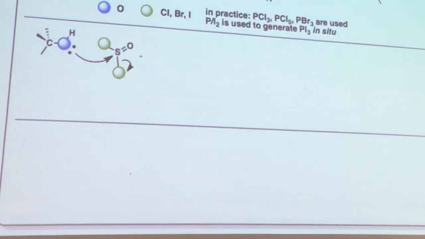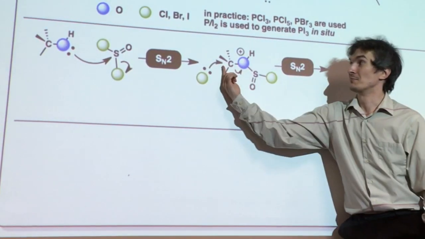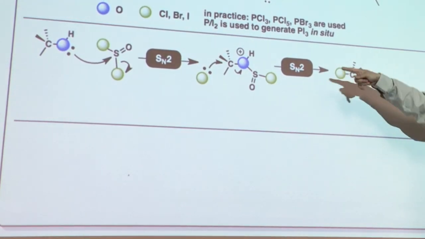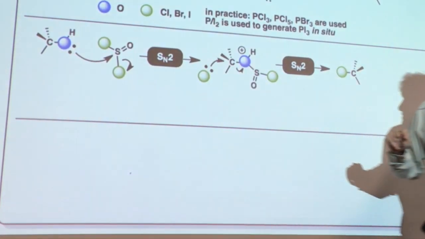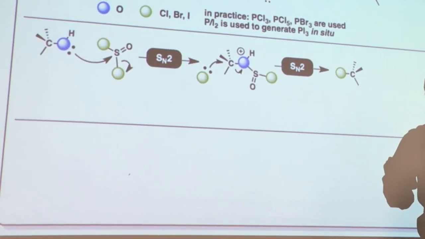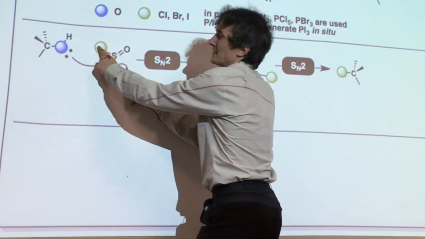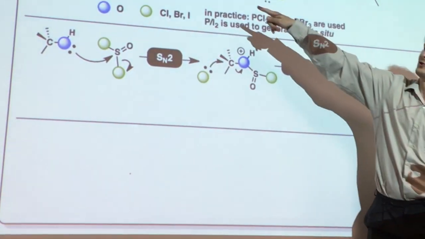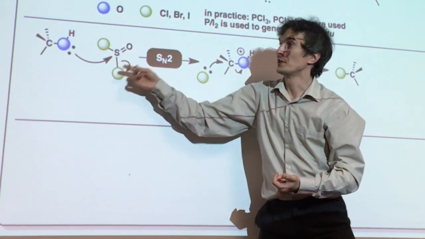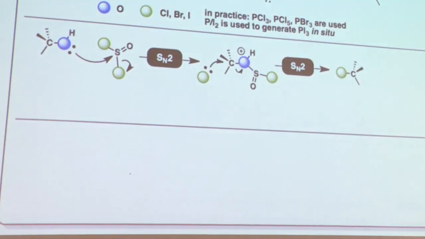Because after this happens, another SN2 is possible, and this again replaces overall that OH for a chloride. What is this chemical? SOCl2, right? Because there are two chlorides here. So either you use PCl3 to replace an alcohol for a chloride, or you use SOCl2, and it does the same thing. And that's useful.